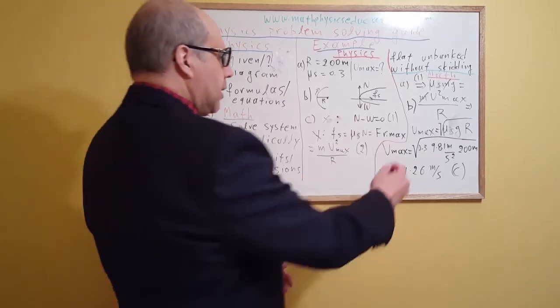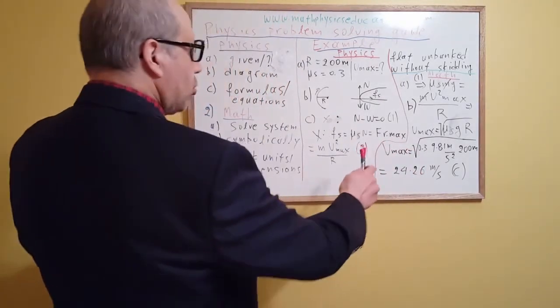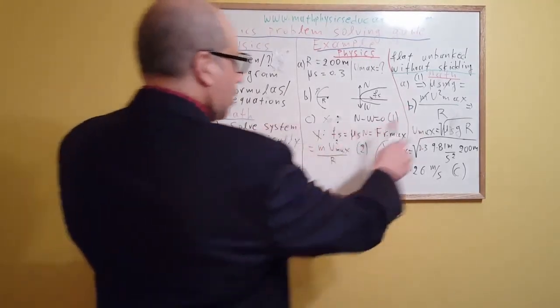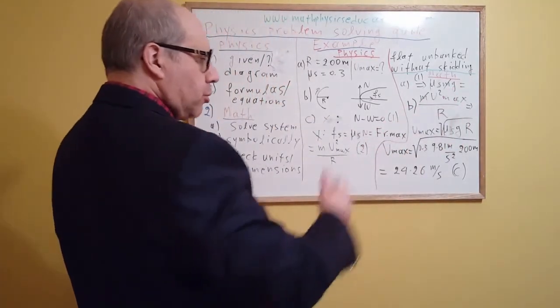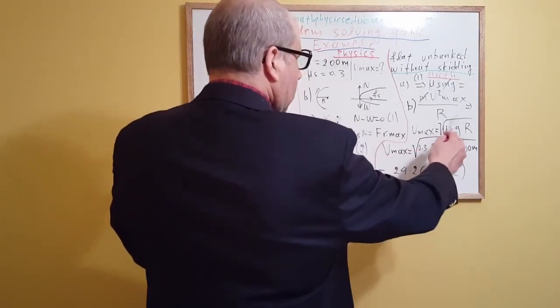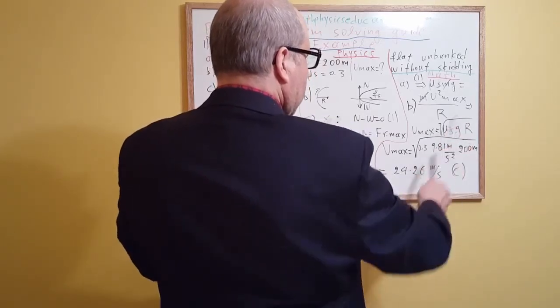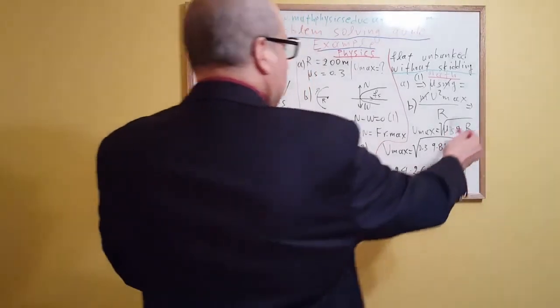So finally, this is also the part that we are doing symbolically, which means that we don't put values yet. Now of course everything is given: the mu s, the g, which is the acceleration of gravity, and the r.